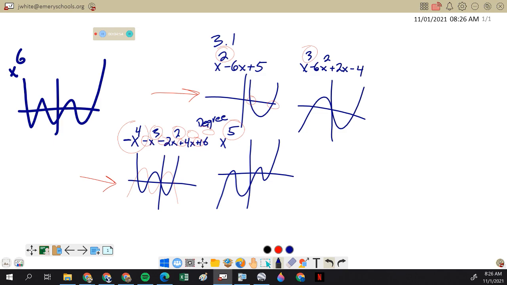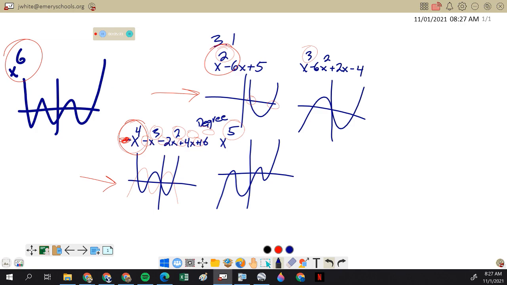Okay? Well, let's get rid of the negative one. What do this and this and this have in common? They're all even. And what do you notice about the graphs? Positive. So what do they look like? They open up.